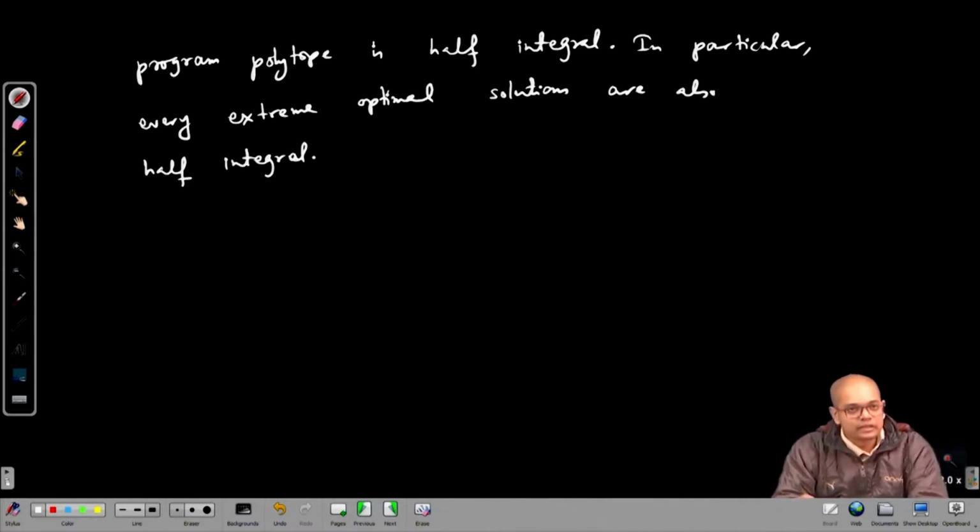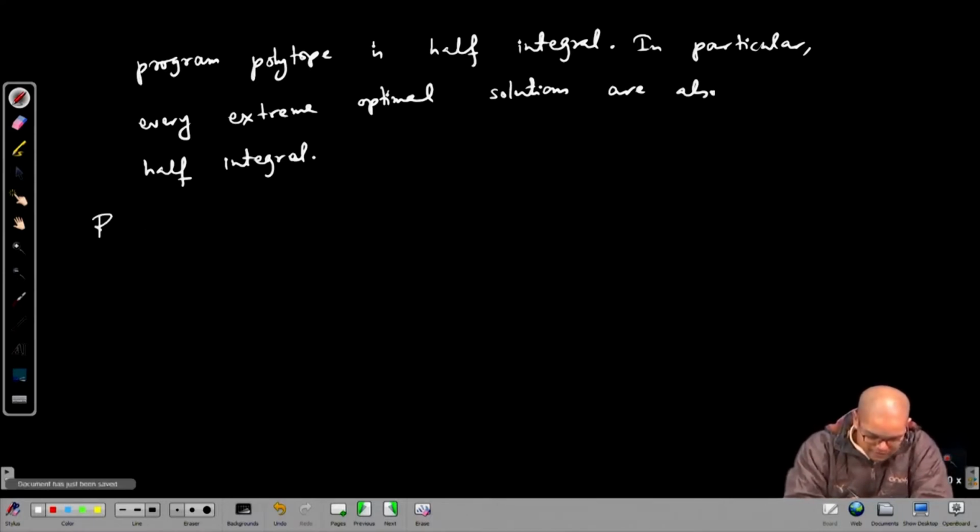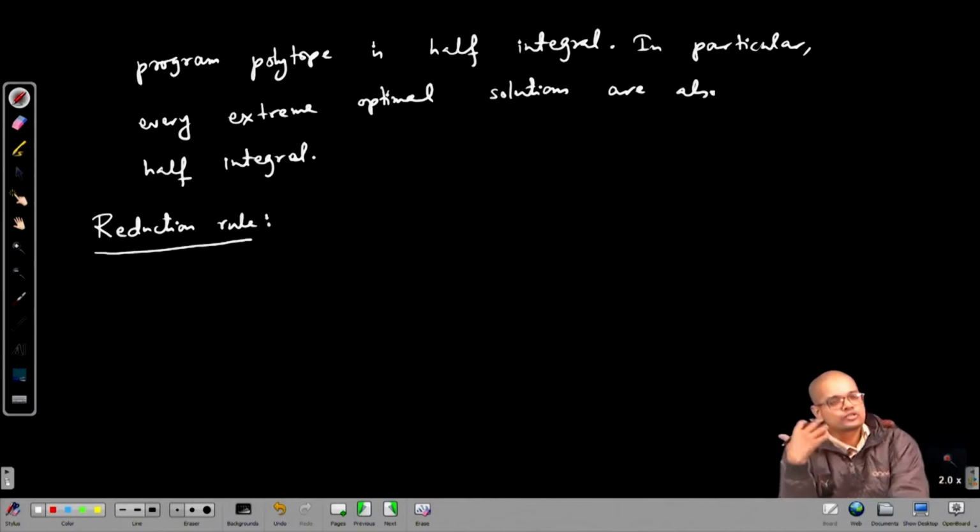So, the first step is to compute an optimal solution. Let us write the reduction rule. We first apply those reduction rules also. This is an additional reduction rule.